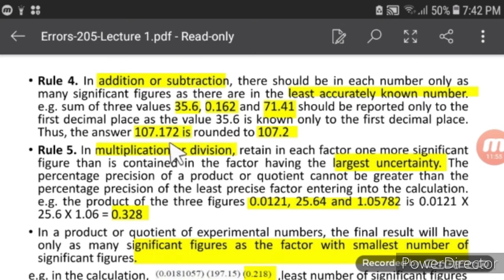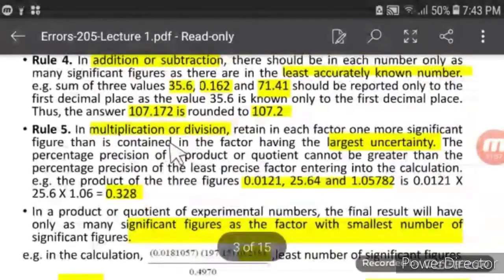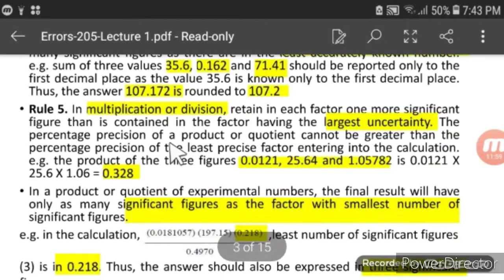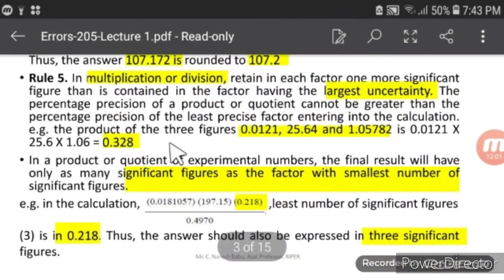Let's talk about rule 5, which is about multiplication or division. For multiplication there is a rule, and for division there is also a rule.